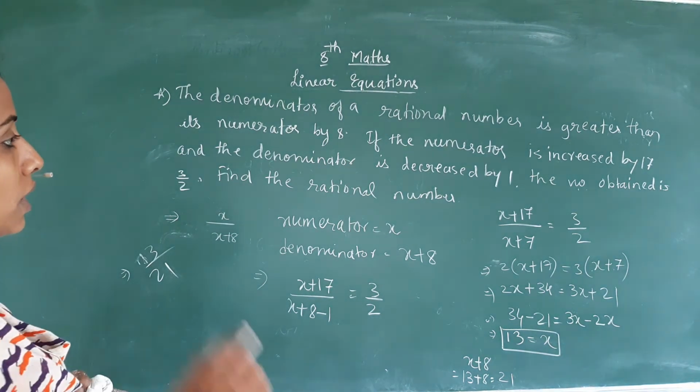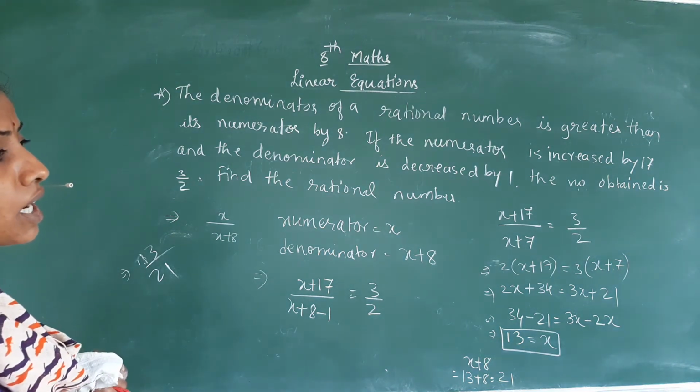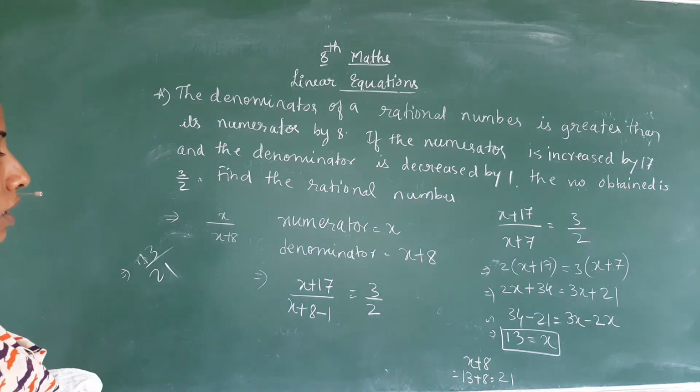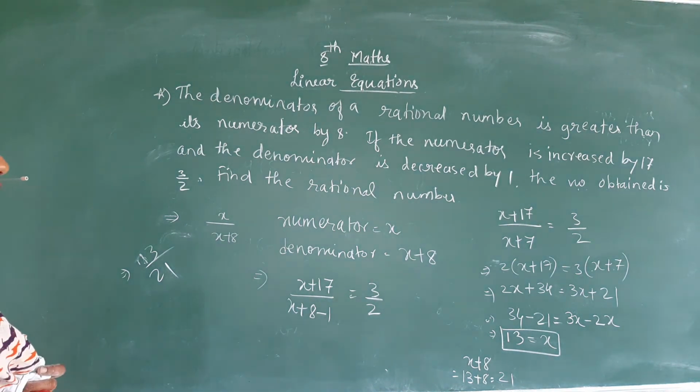Next, if the numerator is increased by 17, we are adding 17 to the numerator. We have taken the numerator as x, increased by 17, so it becomes x plus 17. And the denominator is decreased by 1, which means we have to subtract 1 from the denominator. We already have the denominator as x plus 8.